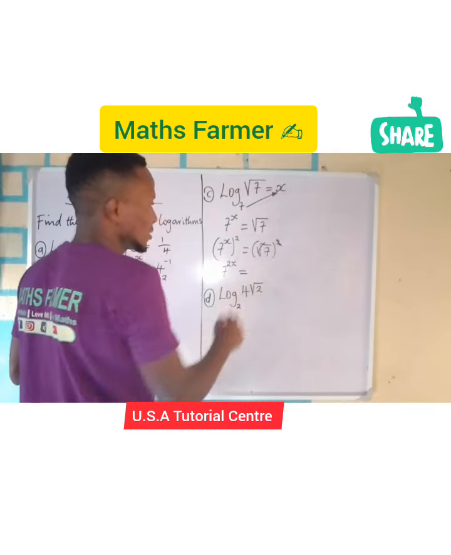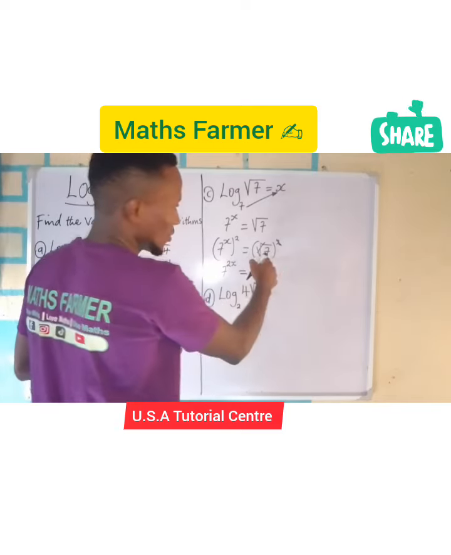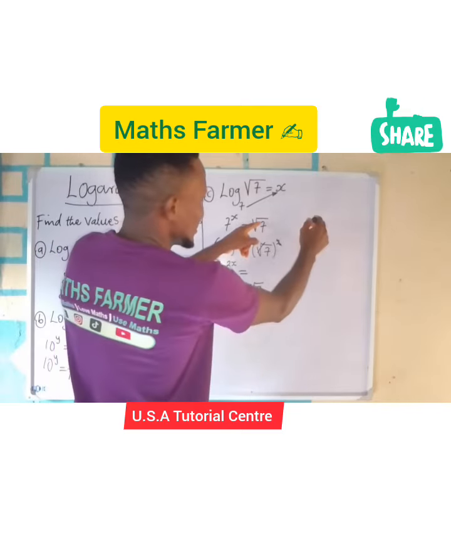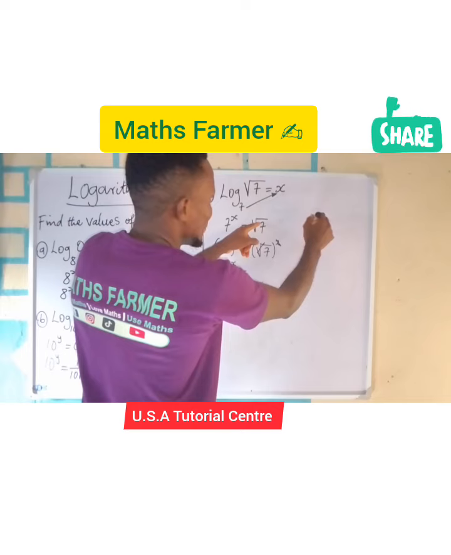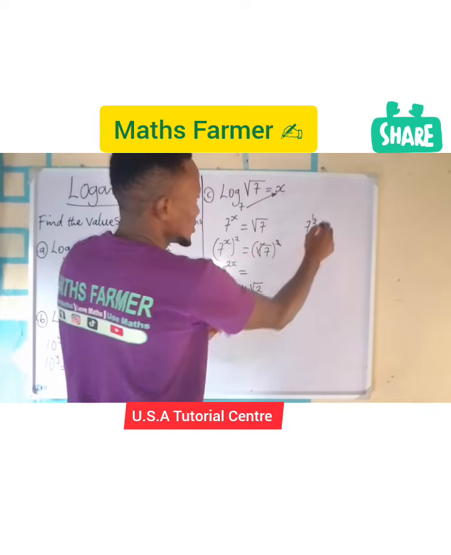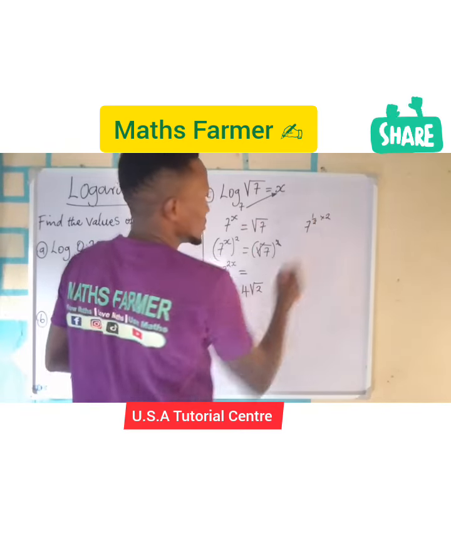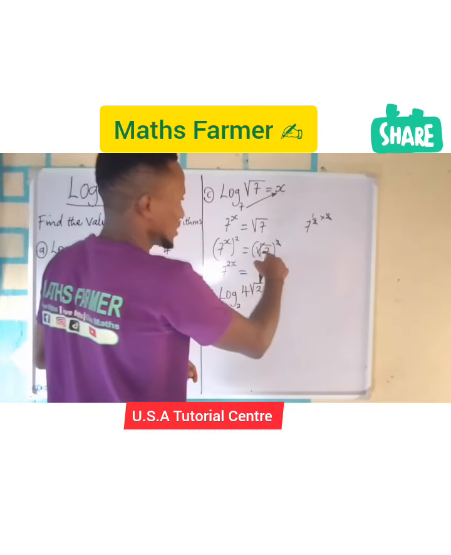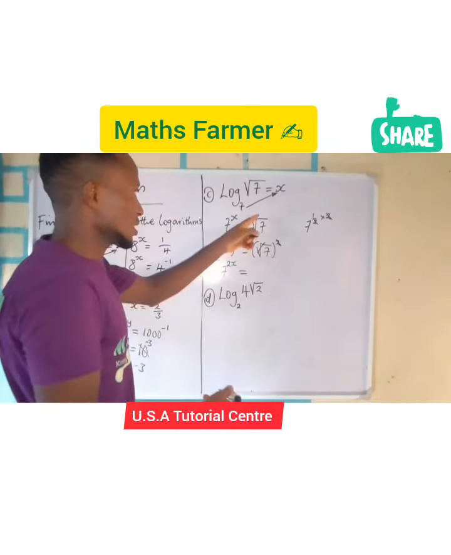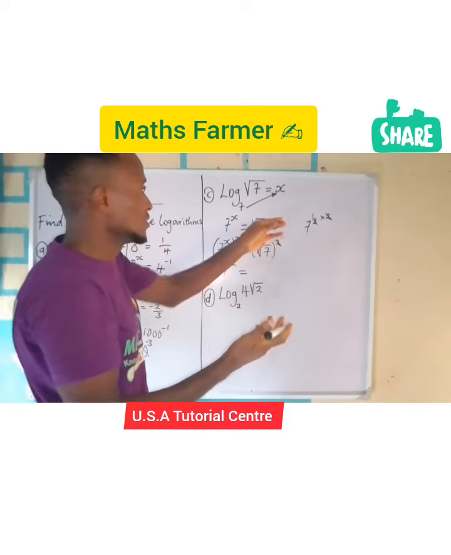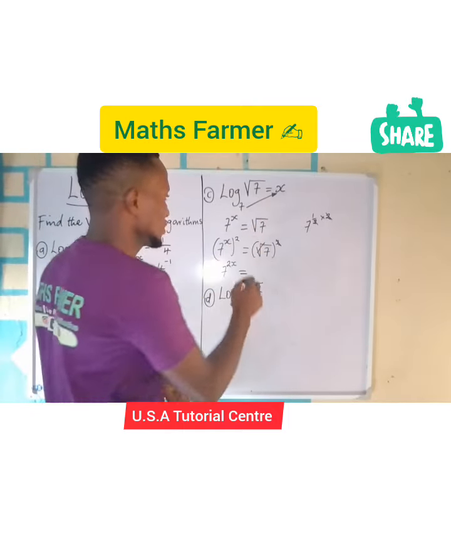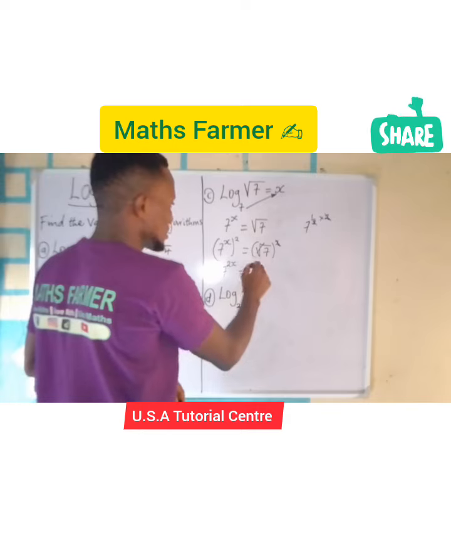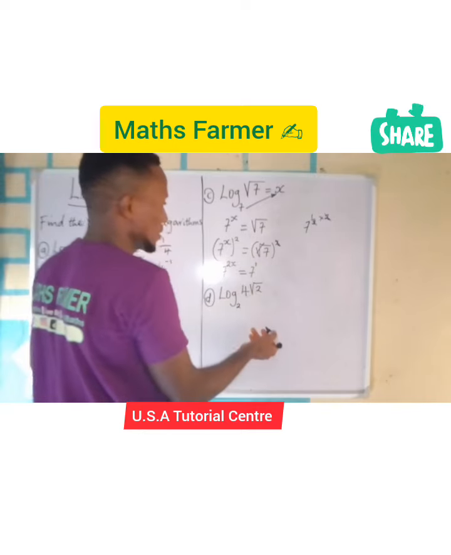We cancel the square root. You know, the square root is the same thing as 7 raised to the power of half. When you now square both sides, what you have here is 2. So 2 cancels 2, leaving us with 7 raised to the power of 1. That is what happened. This is another way you can remove this square root. So now what remains here is 7 raised to the power of 1.